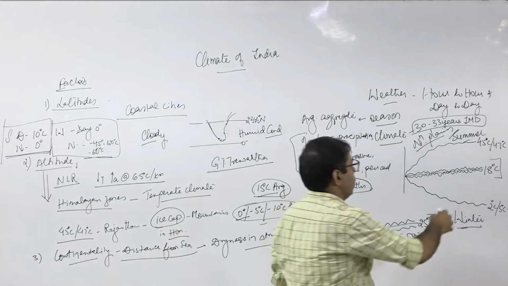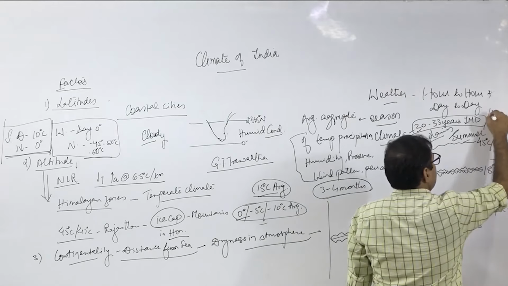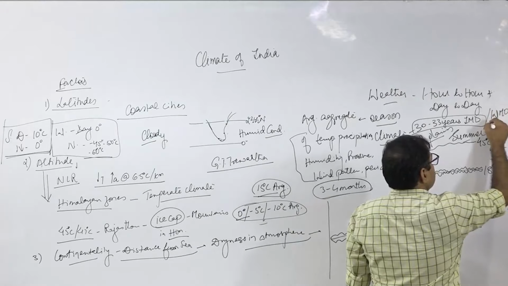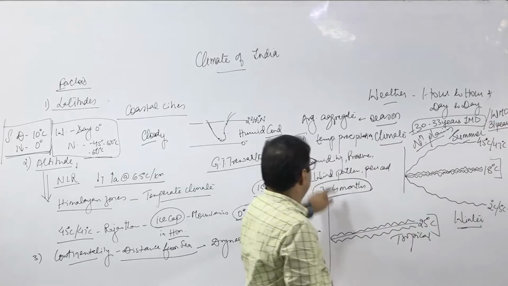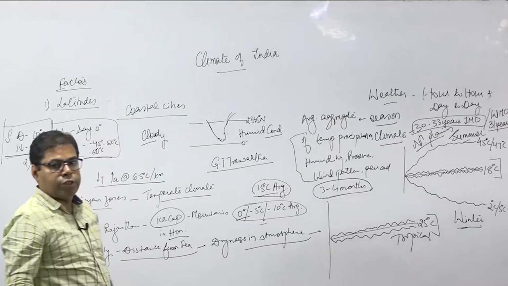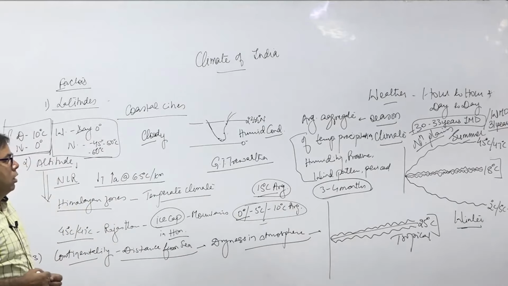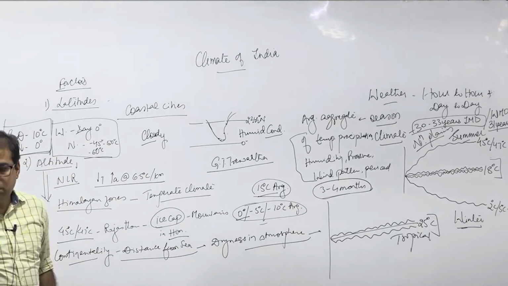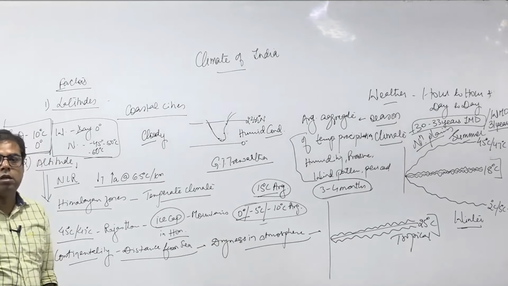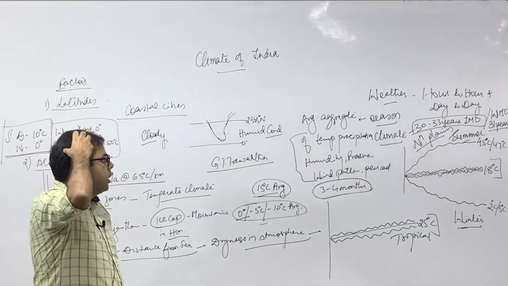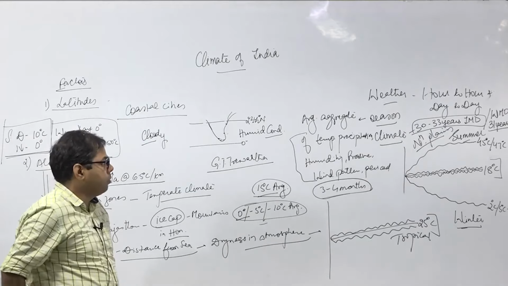WMO क्या बोलते हैं? World Meteorological Organization इसी को बोलते हैं. WMO says the 31 years of average temperature and precipitation. Clear all or not? समझ में आ गया? बोलो. So that is temperature, precipitation, humidity, pressure, wind pattern.